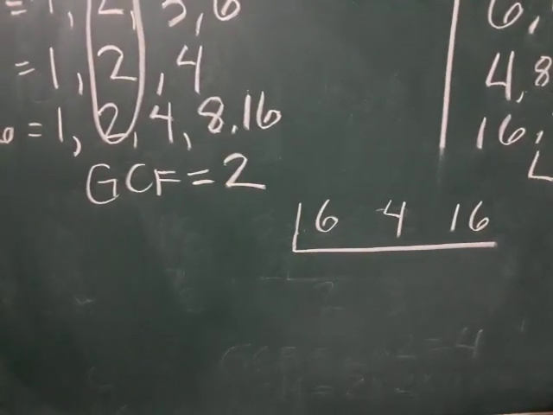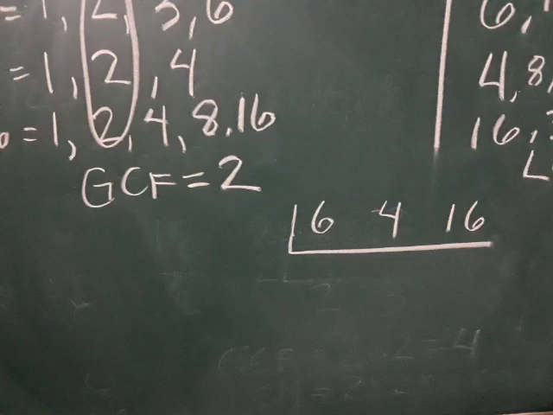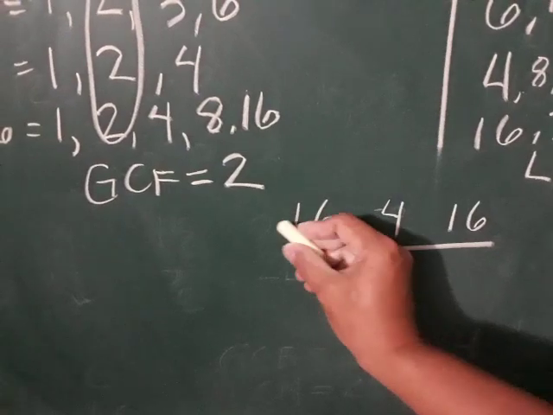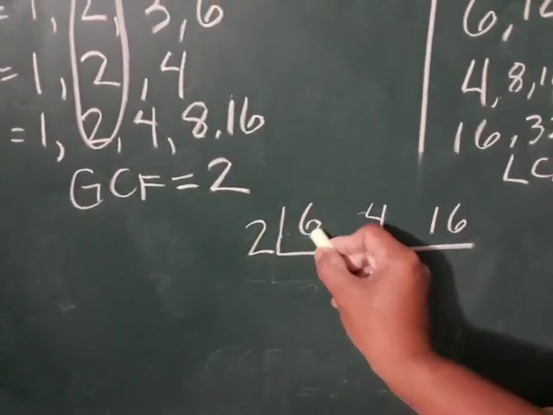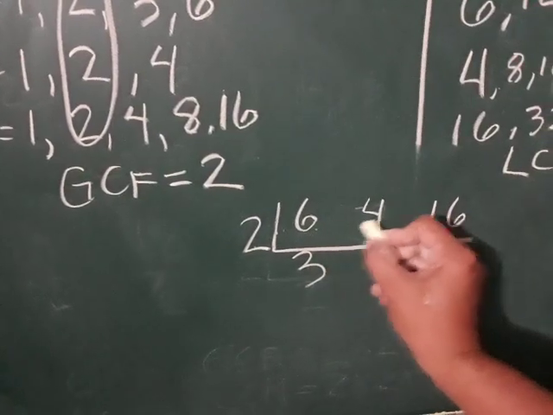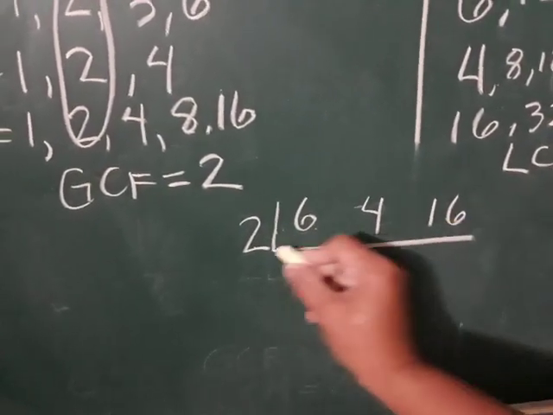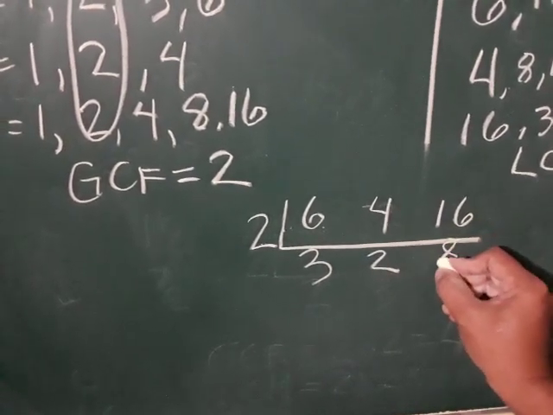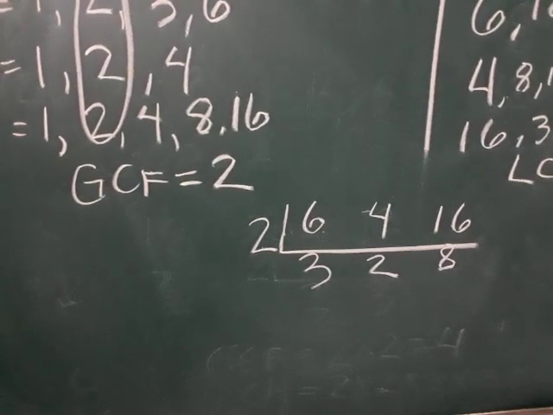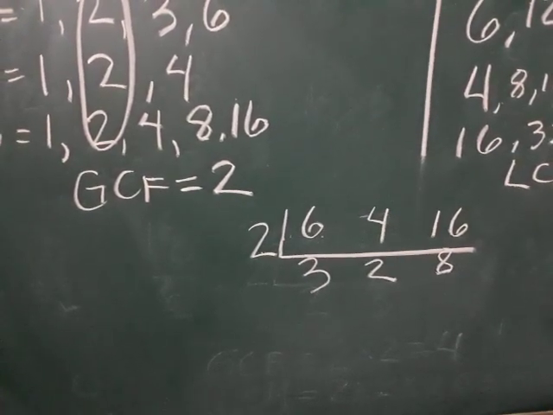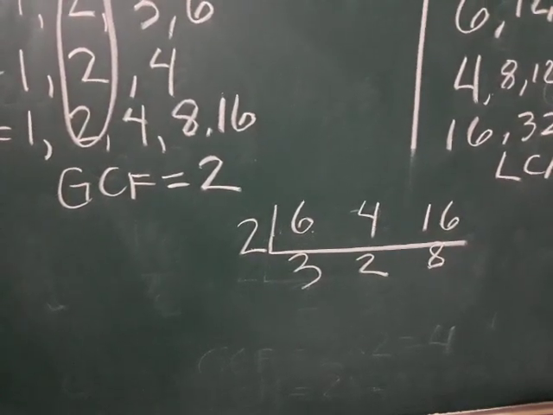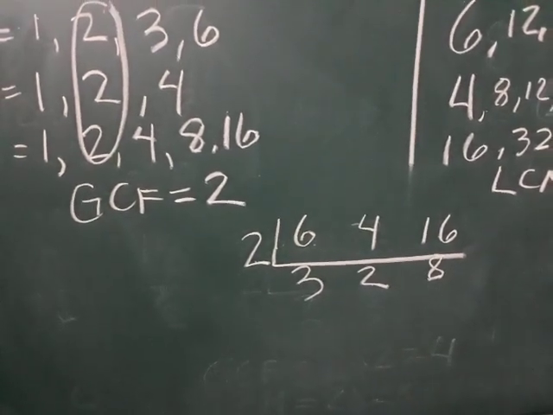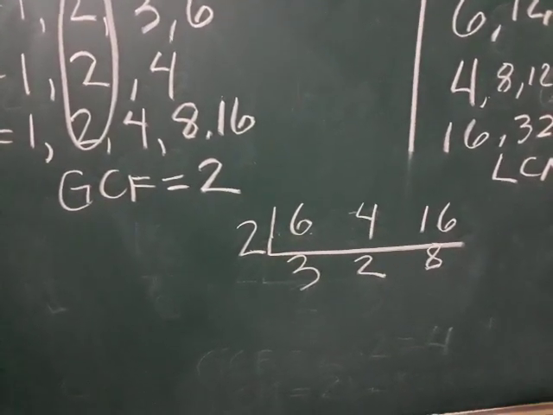Okay. So, after writing, we need to find the numbers that are divisible. So we have divisible by 2. 6 divided by 2 is 3. 4 divided by 2 is 2. 16 divided by 2 is equal to 8. Okay, next. Is there any? No more. So in here, if you notice, since there are 3 numbers, we cannot continue anymore.